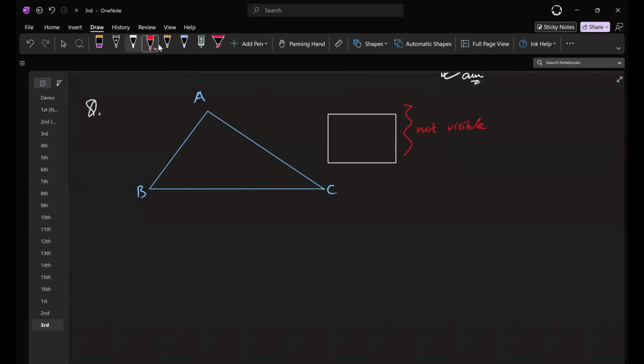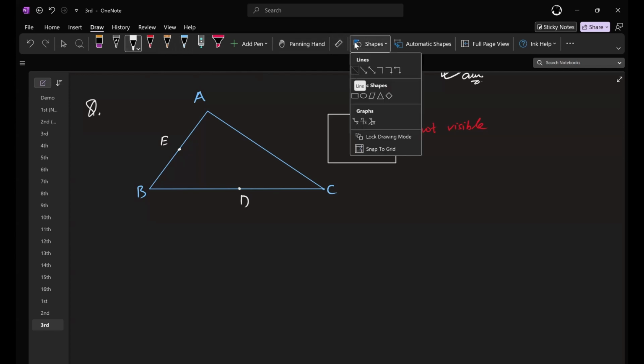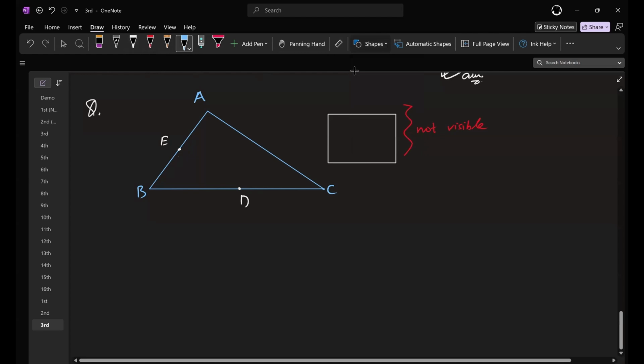So in this triangle ABC, this is point E, and this is point D. Join this EC and this AD as well.